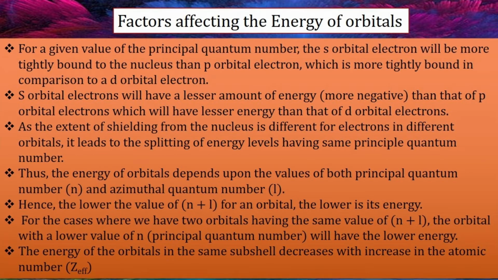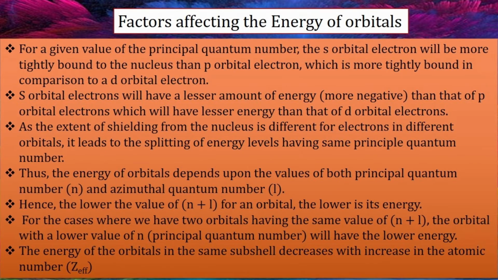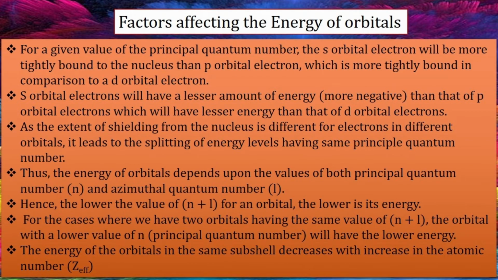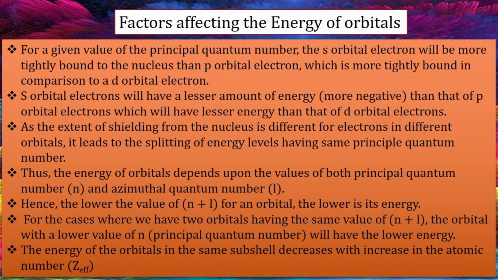So, as compared to p orbital electrons, s orbital electrons will have more negative or lesser energy. Here the p orbital electrons will have lesser energy than the d orbital electrons.